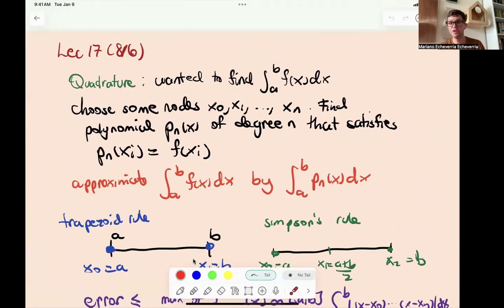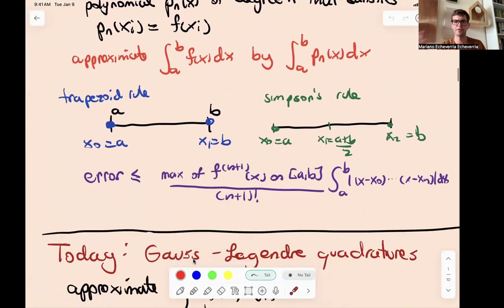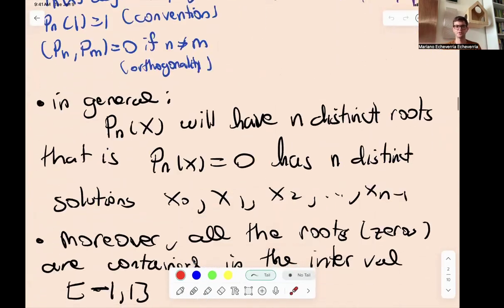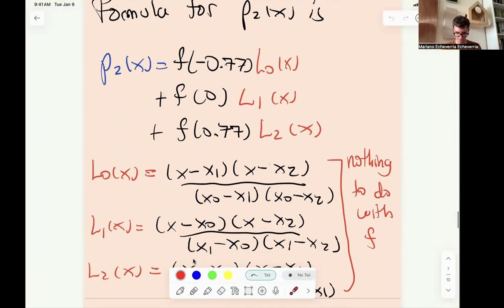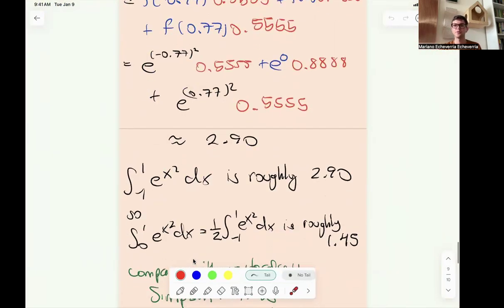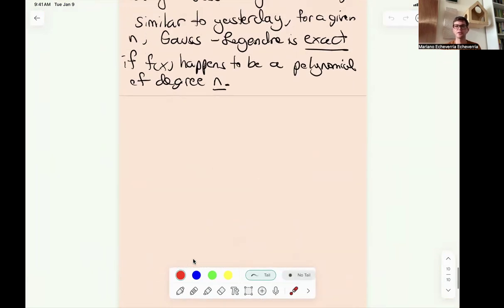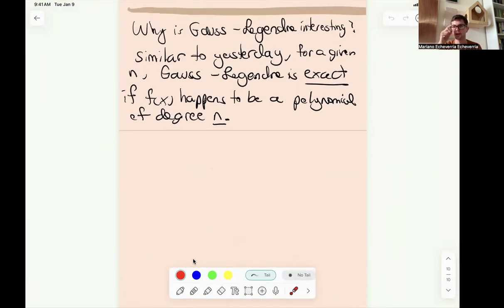What's new, and very unique to Gauss Legendre, what's a special feature of Gauss Legendre, is that it continues to be an exact formula if the polynomial has degree up to 2n+1.